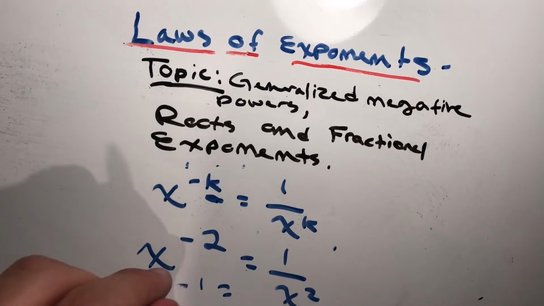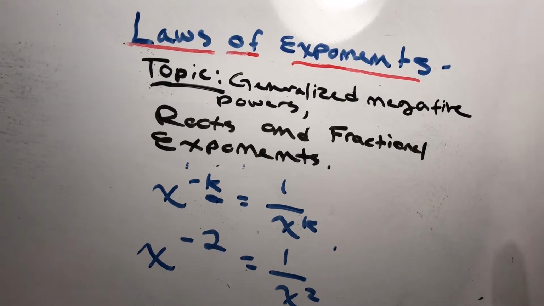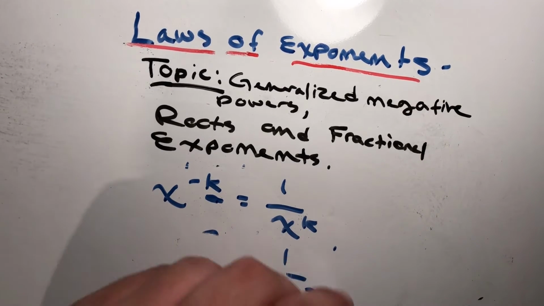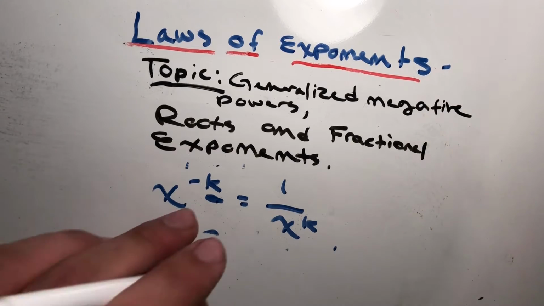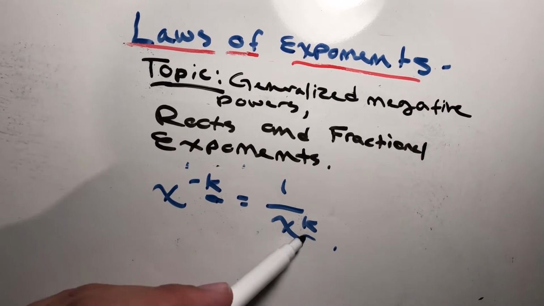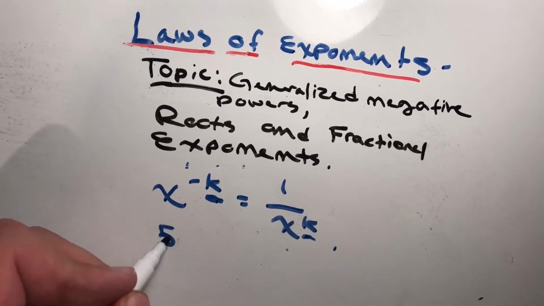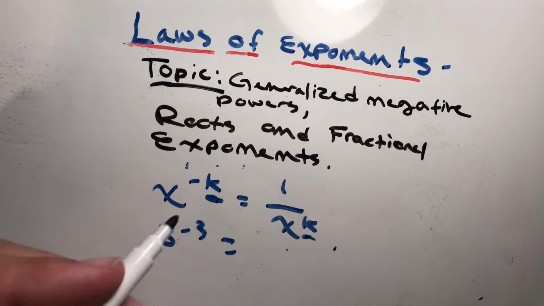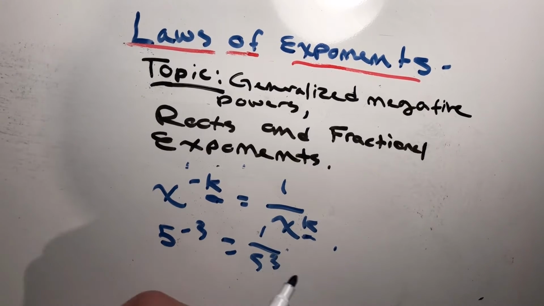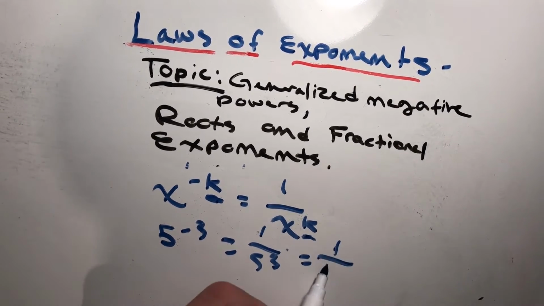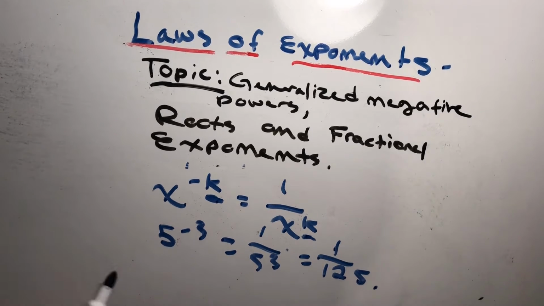And so now we can talk about all negative powers for any number, any variable, which is great. This expression is extremely important. So if I asked, what's 5 to the negative 3? Well, that's just 1 over 5 cubed, which is 1 over 125. This is the first key law I wanted to introduce in this video, with a short proof.